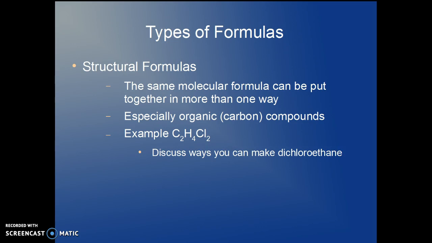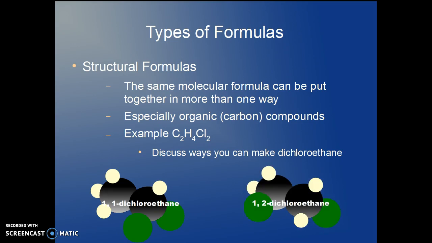You might want to stop this and try to draw some pictures or put molecular models together to make this dichloroethane. Well, there's one. We call that 1,1-dichloroethane because both chlorines are on the first carbon. And this is 1,2-dichloroethane, where the two chlorines are on different carbons.